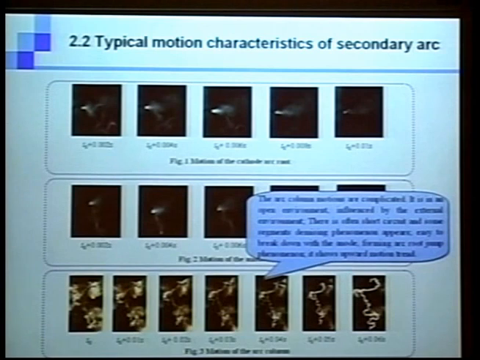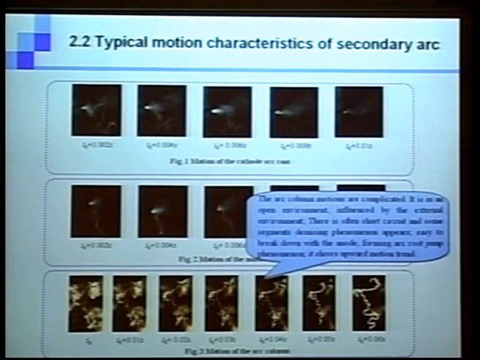Then we pay more attention to arc column motions. It's quite complicated, because the arc burning in open air is influenced by the external environment, such as the wind.